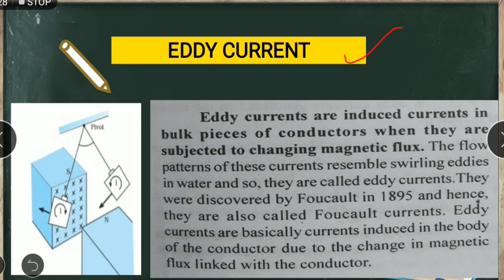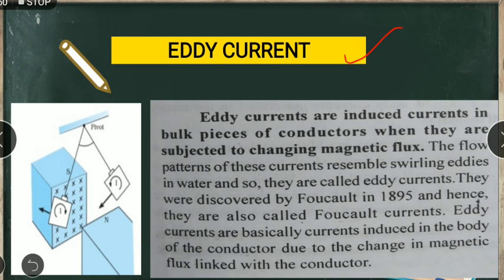Eddy currents are the induced currents in bulk pieces of conductors when they are subjected to changing magnetic flux. The flow patterns of these currents resemble the swirling of eddies in water, and so they are called eddy currents.